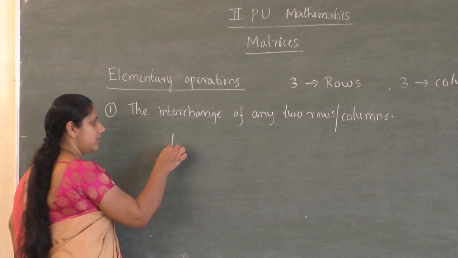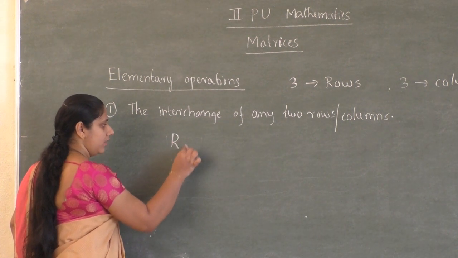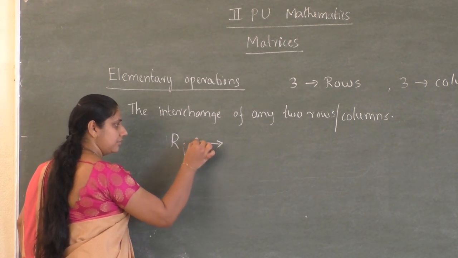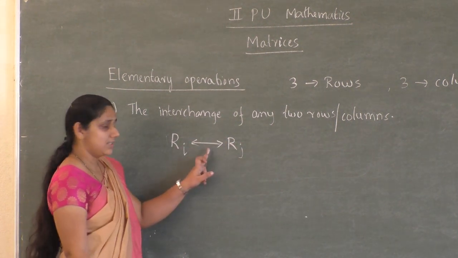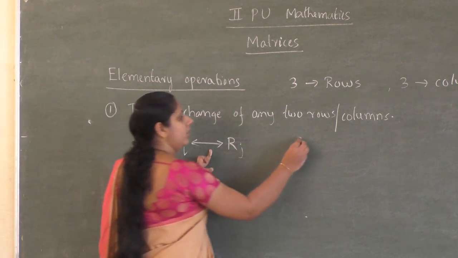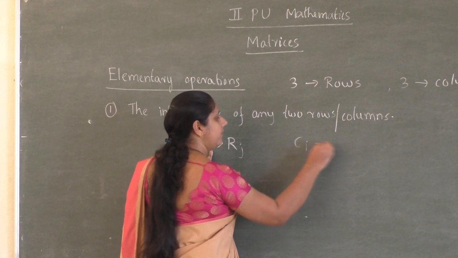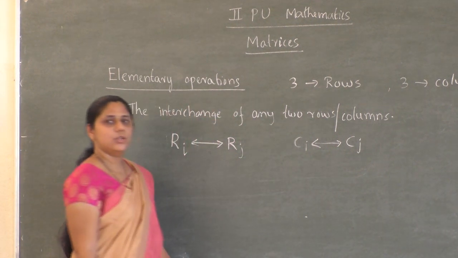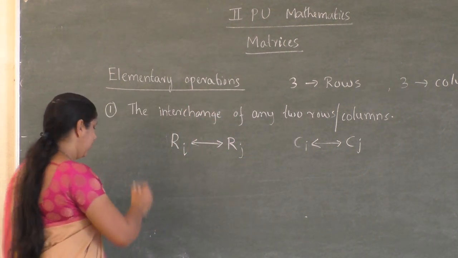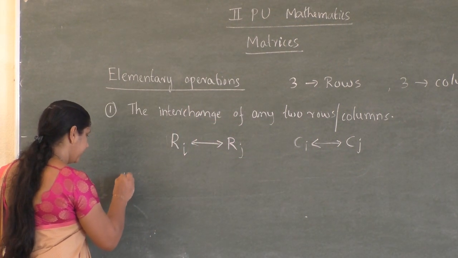Symbolically, we can write this operation as Ri interchanging to Rj. This is in terms of rows, whereas in terms of columns, Ci interchanging to Cj. I will tell with an example.